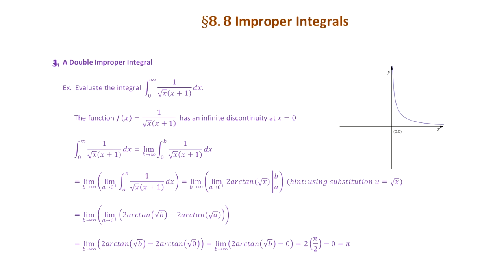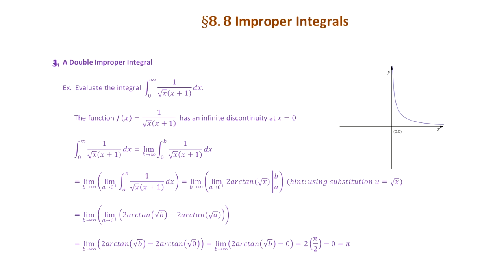So you have to convert this integral as one with the function 1 over square root of x times x plus 1 integrated from a to b, and then replace 0 by a, remember, and then you let a approach 0 from the right, if you still remember. Then you can proceed with each integral, and take the limit.